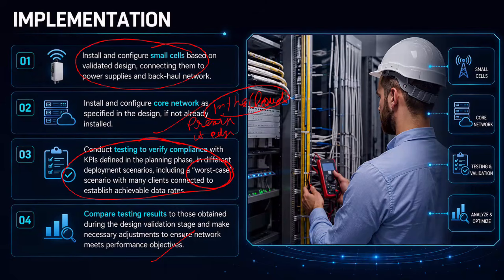But if we find coverage holes, poor SINR, high interference, or low throughput, then we need to investigate and optimize. We may need to adjust our small cell locations, transmit powers, antenna configuration, heights, orientation, these kinds of things. So implementation is not simply about installing the equipment. It is all about optimizing the network so that our KPI requirements can be fulfilled.